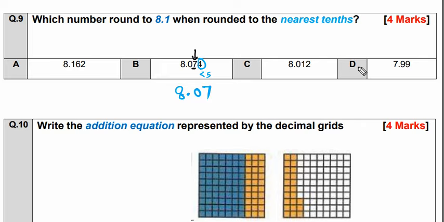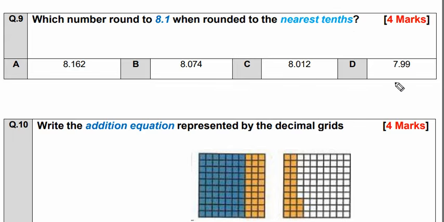Now if I say round the number to the nearest decimal, I will look at this number, and this is less than 5, so same. Again, round the decimal, this is more than 5. So this is 8. This is very important: tenth place, hundredth place, or thousandth place.